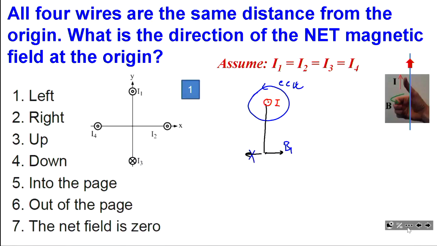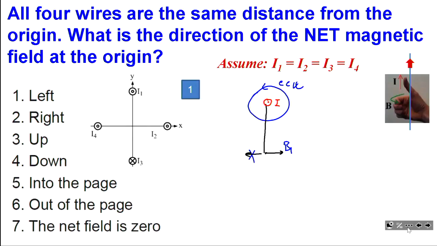Also, we could do this. I'm not hiding, I'm just looking for the electric current. That's electric current.